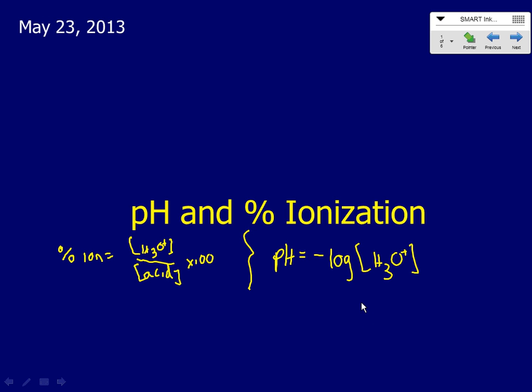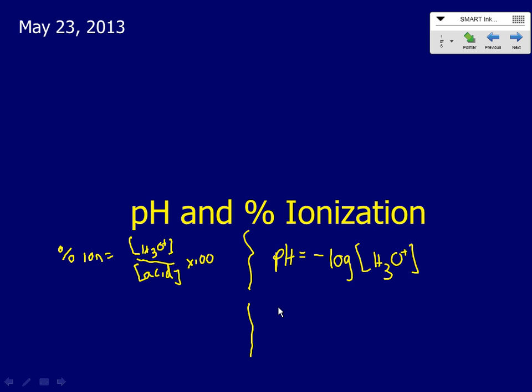So if we wanted to find the pH given the percent ionization, we could solve for H3O plus and then stick it in the pH equation. All right? So from a percentage, we could get H3O plus, and then we could get pH.